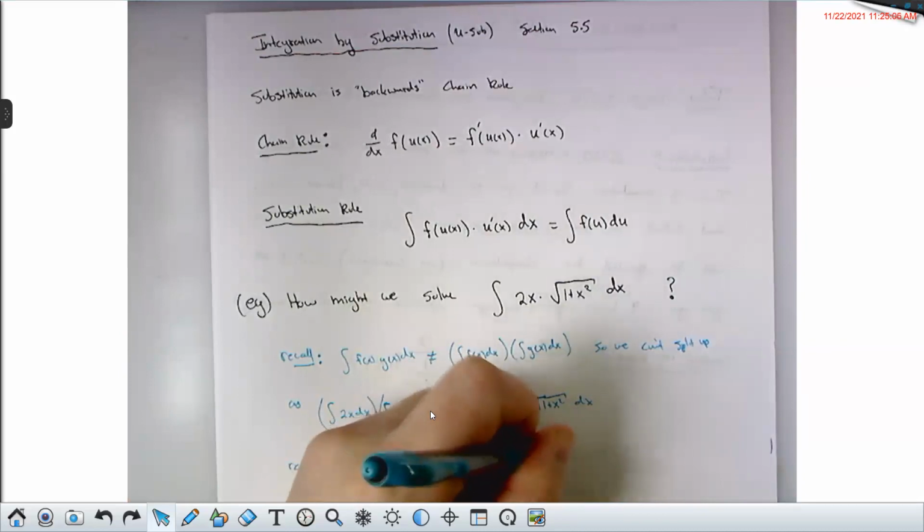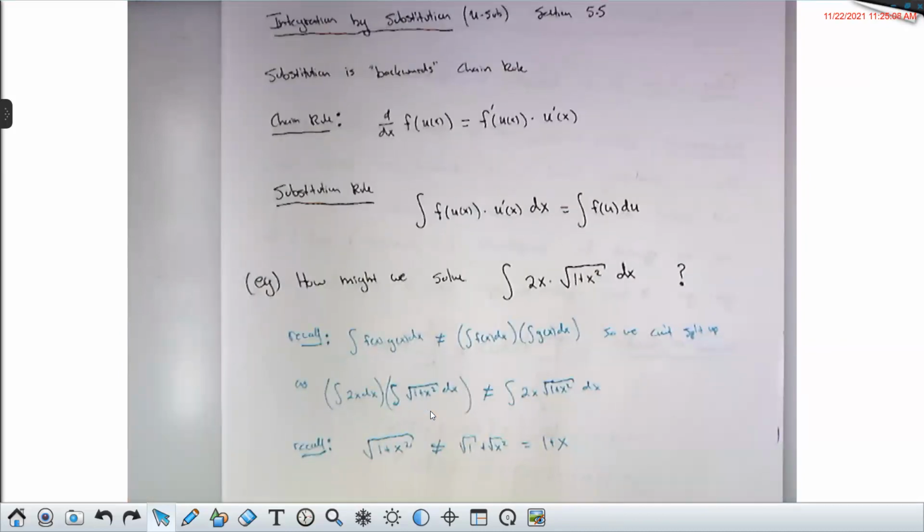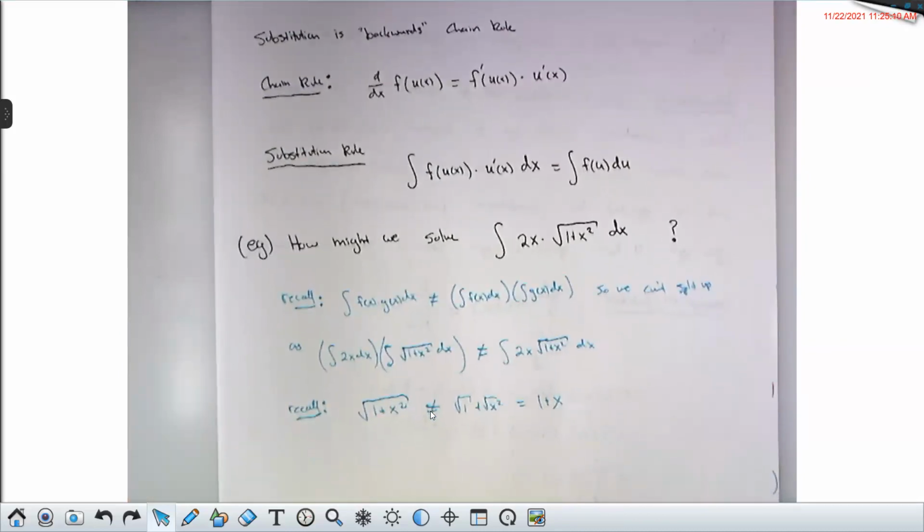In other words, it's not 1 plus x. So I cannot say, oh, this thing is 1 plus x, and then try to distribute. That won't work. So neither of these maybe first thoughts are kosher. Neither of these things are allowed.